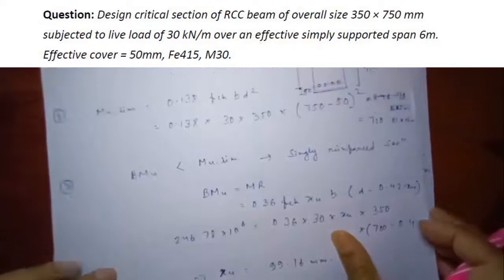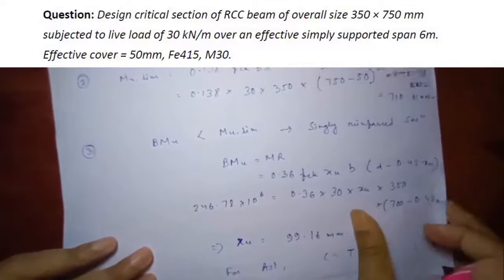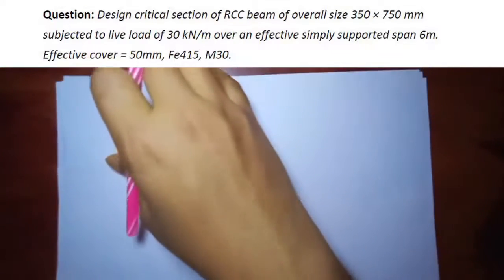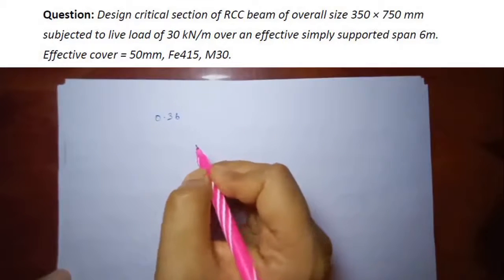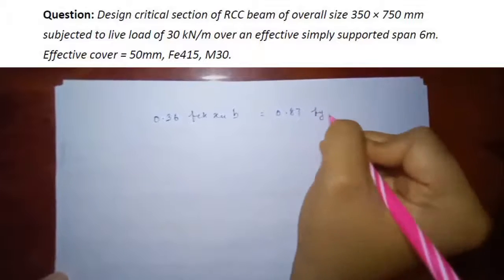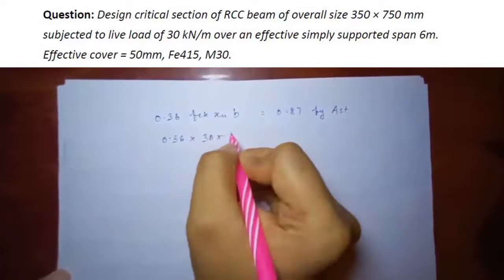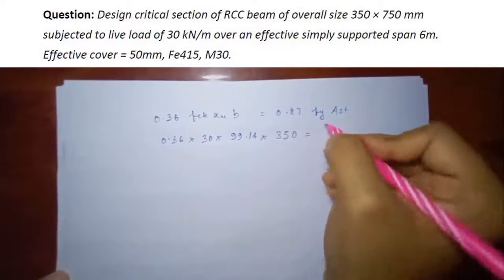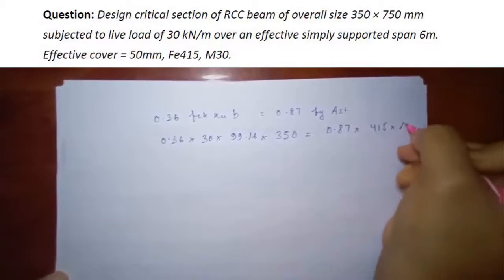And for AST, C shall be equal to T, and for C I will write 0.36 FCK XU B, and it is equal to 0.87 FY AST. So 0.36 FCK is 30 multiplied by XU is 99.16 multiplied by B 350 is equal to 0.87 multiplied by 415 multiplied by AST, which we have to find out.